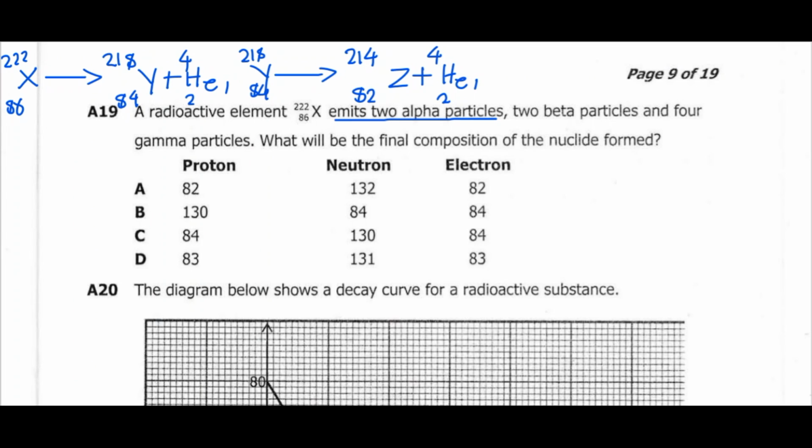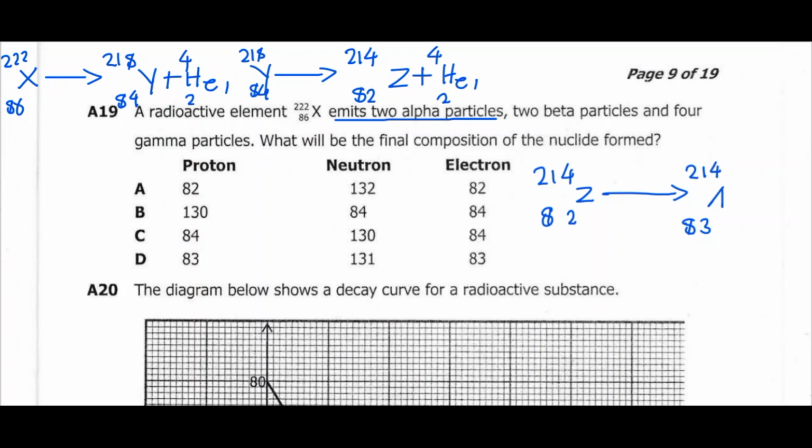Let's go to 2 beta particles. What happens when an element emits a beta particle? If this is our element 214 with 82 as our Z, whenever it emits a beta particle, the mass number will not change, so 214 remains the same. The atomic number must increase by 1, so 82 plus 1 is 83.